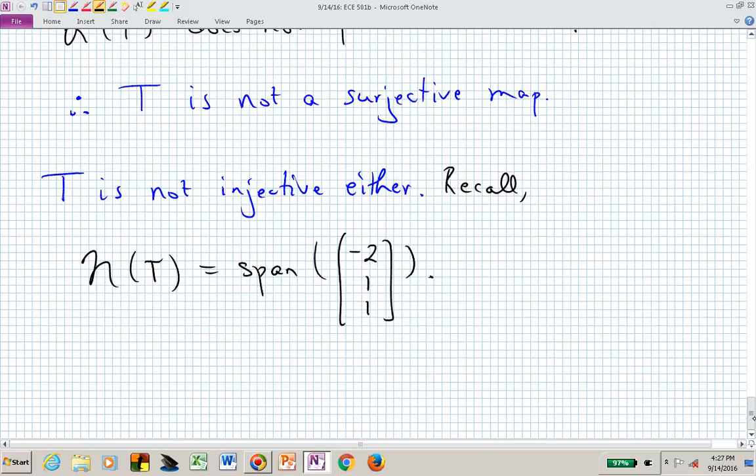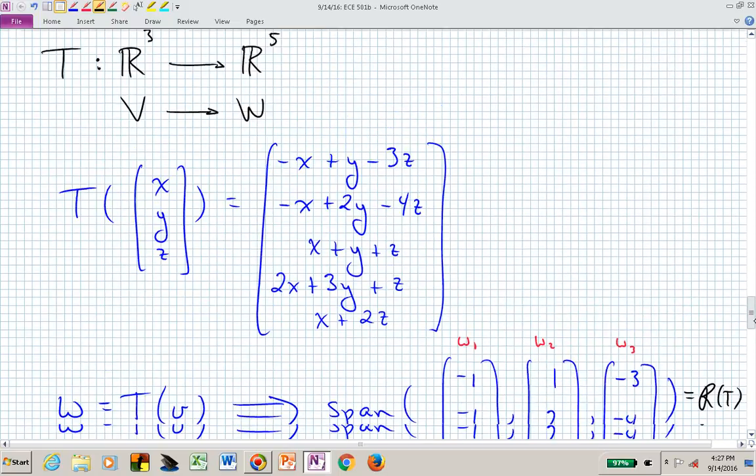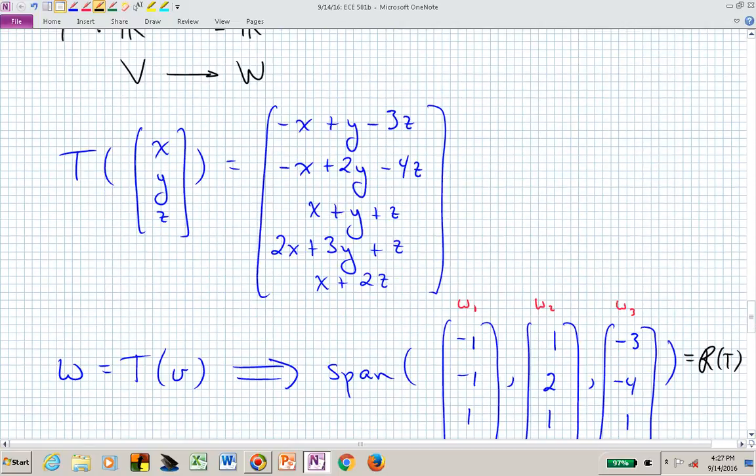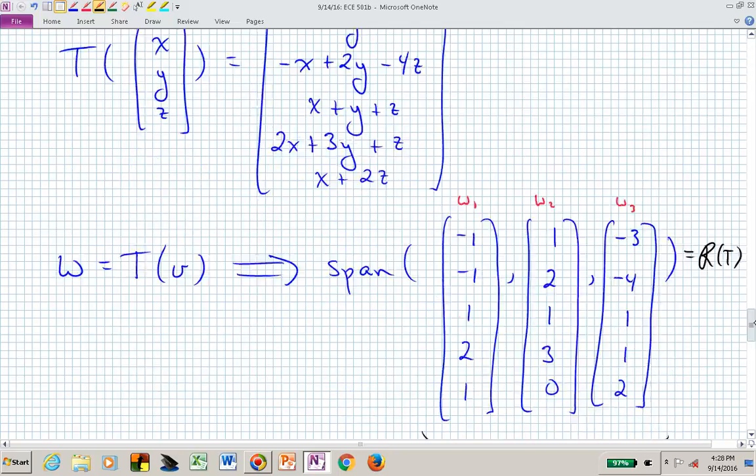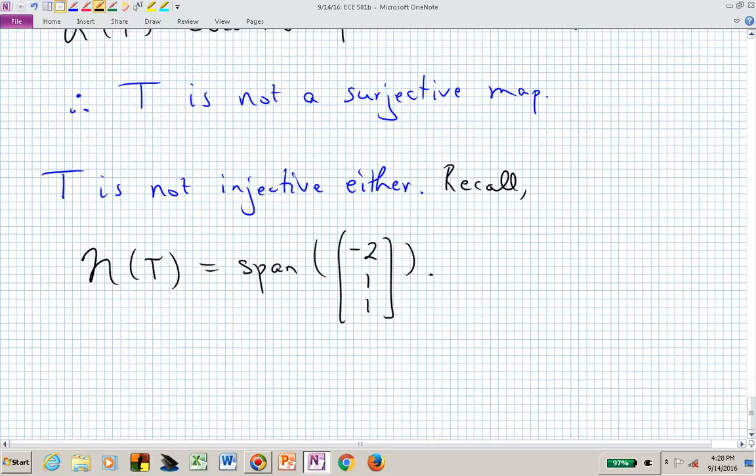If I put -2, 1, 1 into this map, what's going to happen at the output? That's going to map that vector into the additive identity in our output space, an all-zero vector. And any linear combination, that's what the span of that means. The span of -2, 1, 1 gets mapped to the 0 vector.